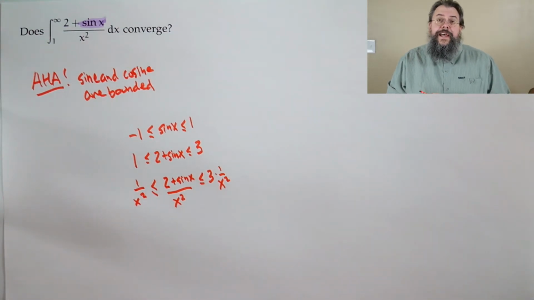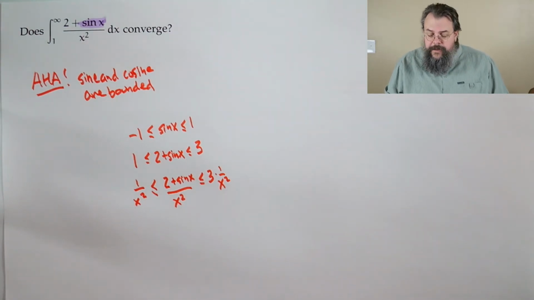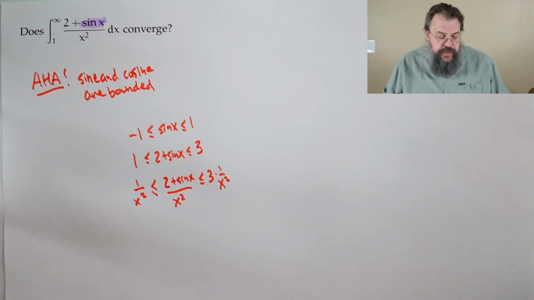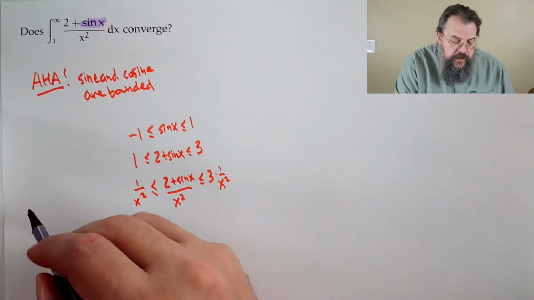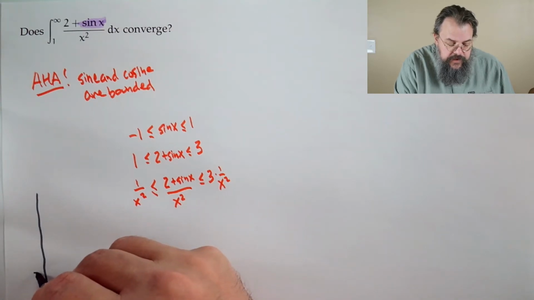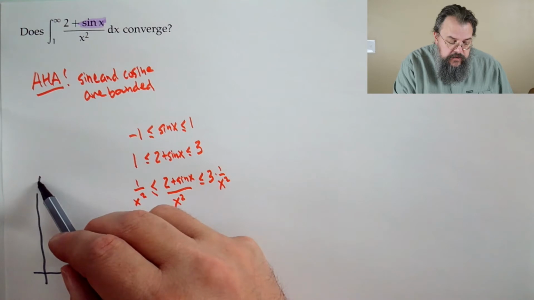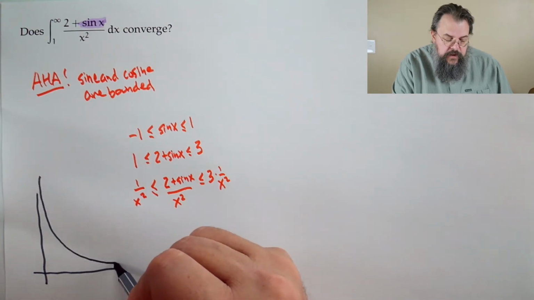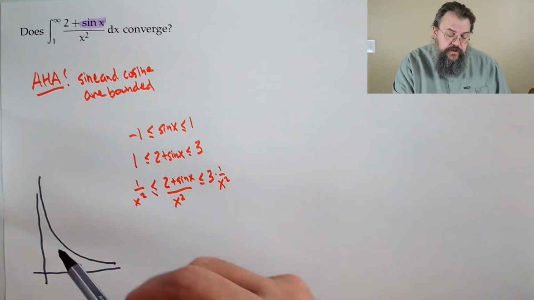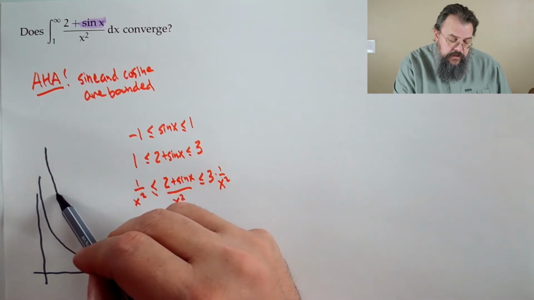So what this is saying is the following. And this is actually not a bad picture to have in the back of your mind. What's happening is you have this curve, 1 over x squared. Okay, that does something like this. And then you have 3 times 1 over x squared. So it's the same curve, just shifted.